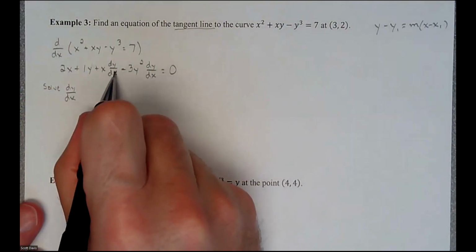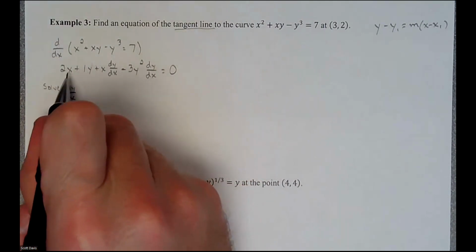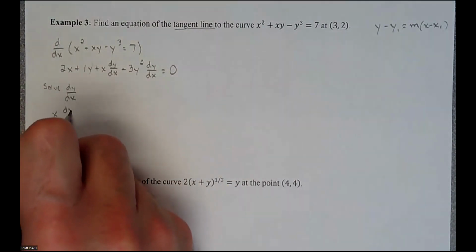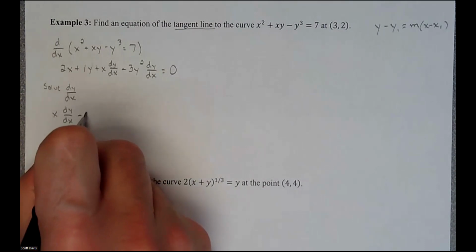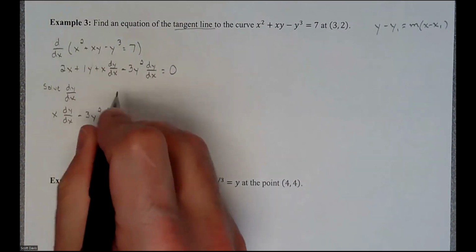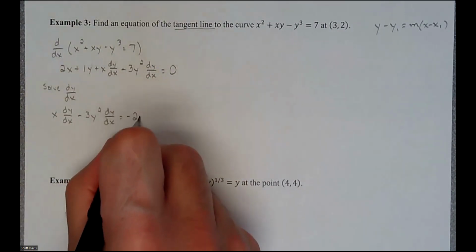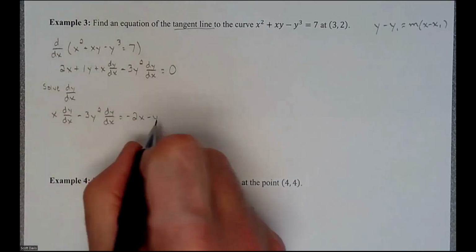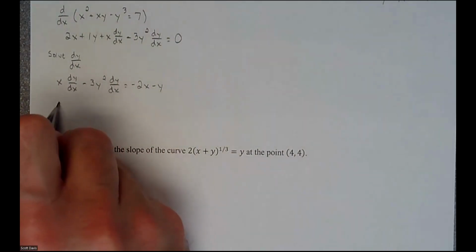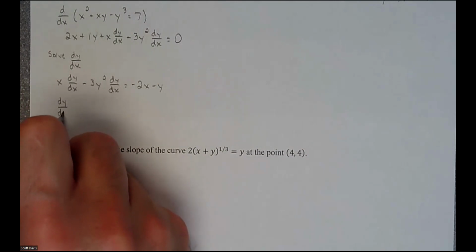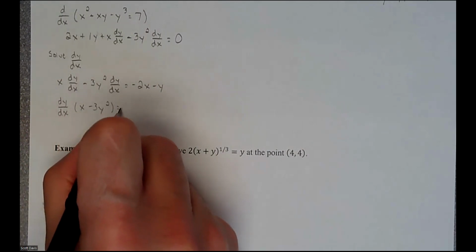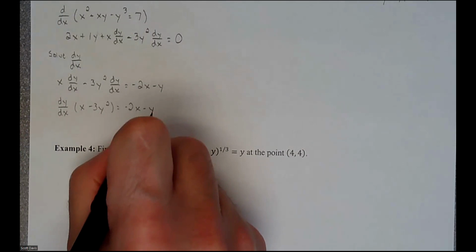To do that, I'm going to leave the dy/dx terms on one side and move anything that doesn't have a dy/dx over to the other side. So I'm going to keep x dy/dx minus 3y squared dy/dx, and then subtract the 2x over, and subtract the y. The reason I left these on the same side is they're not like terms, I can't combine them, but what I can do is factor out a dy/dx, which gives x minus 3y squared, equaling negative 2x minus y.